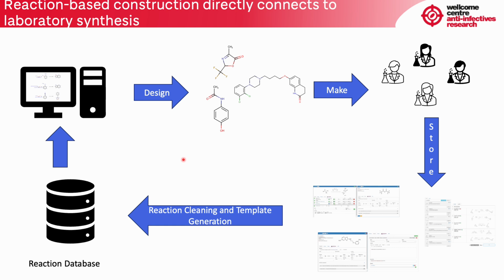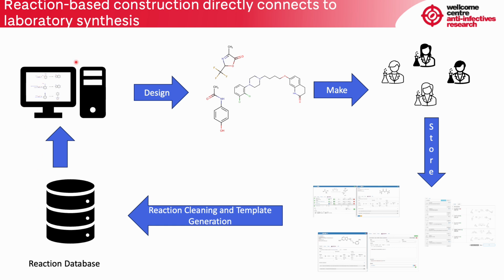So with reaction-based construction, the extension of this starts to become a loop. We can encode collections of reaction transformations as SMIRKS. We can then use them to design new molecules. We can then pass those new molecules with a synthetic scheme to the chemist, who will then make the molecules if they can. They will then store the reactions in the ELN, and then we can go ahead and extract those reactions again and form a reaction database, which can then be used to design yet more molecules.